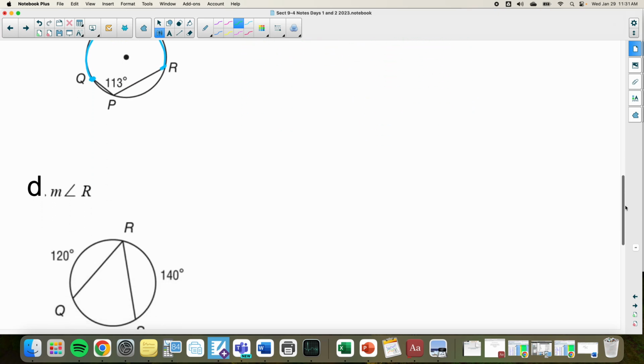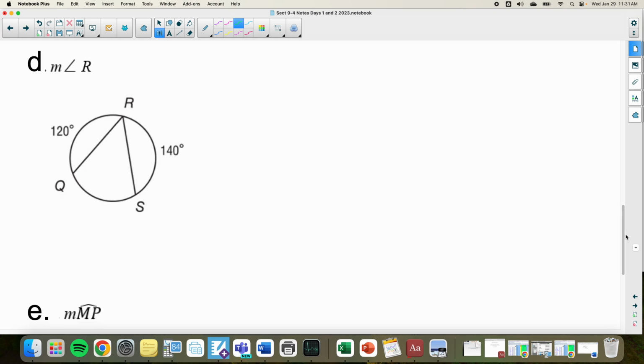Okay. Now, this is asking for this angle. Does anyone know how we would do that one? Yep. You would subtract 260 from 360, because that's what those add up to. And then you're left with 100. So then you would take 100 divided by 2. So you'd add the 120 and the 140, which is 260.